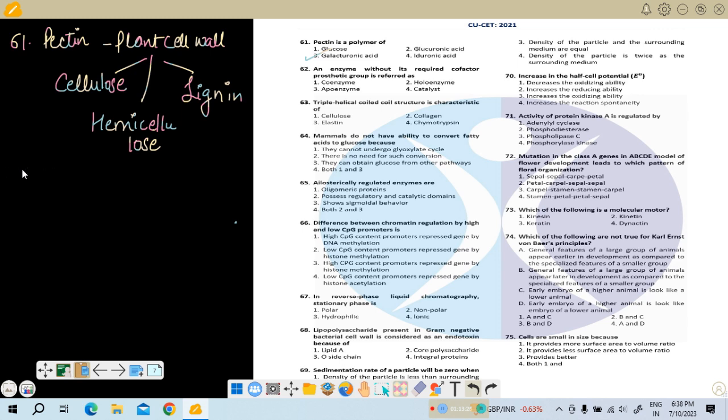Then in 62, an enzyme without its required cofactor or prosthetic group is referred to as coenzyme, apoenzyme, holoenzyme, catalyst.